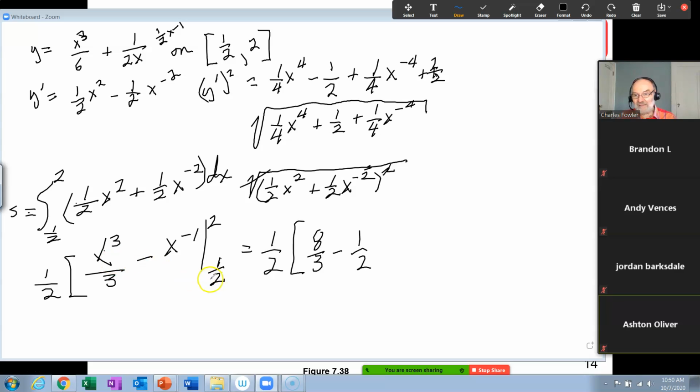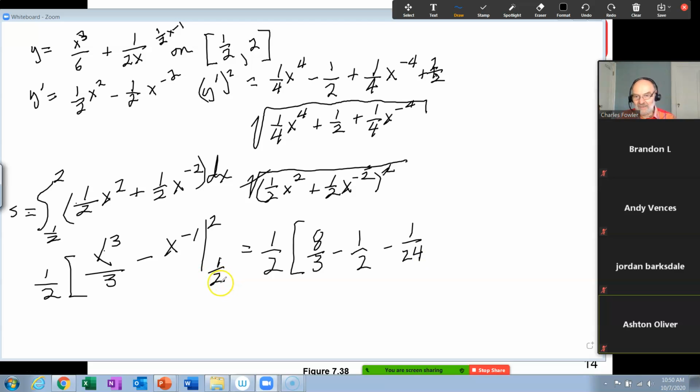minus a 1/2 cubed. Well, that would be 8. Wait, let me see. Yeah, minus 1/2 cubed would be, I'm pretty sure that's 8, because it's, no, wait. It's 1/8. So that would be a minus 1/24.